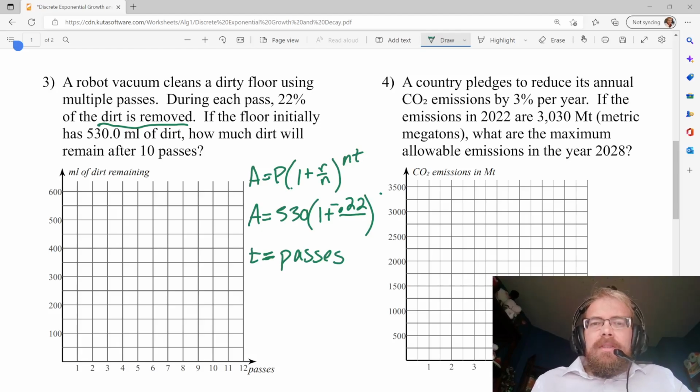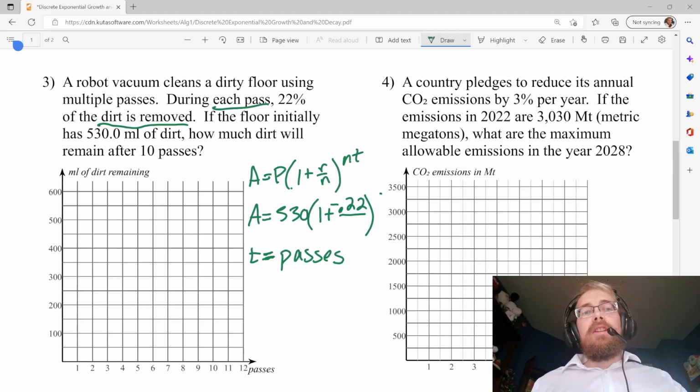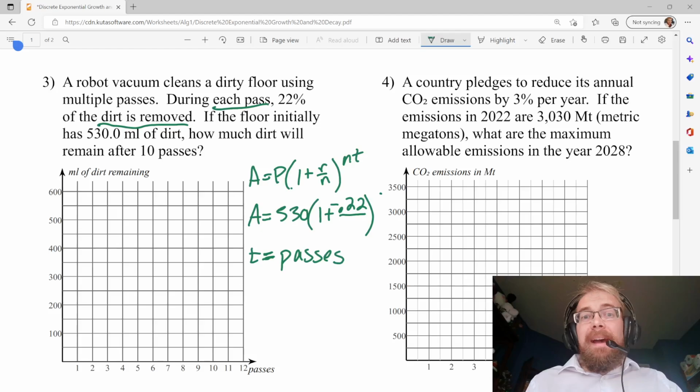Not just time. So the n is normally the amount of times it's compounded in a year, but now it's the amount of times it's compounded in a pass. Well, it's saying each pass there's something happening, right? So during each pass, 22% of the dirt is removed, as in, once the robot vacuum does a pass, 22% of the dirt is removed.